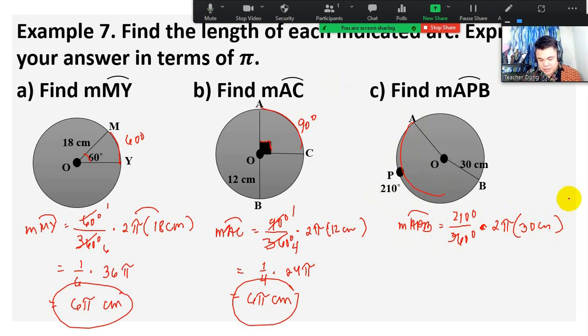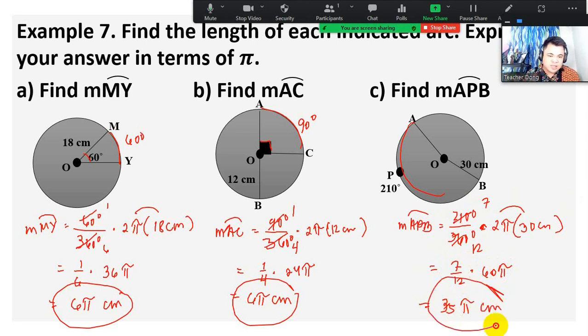Now, the GCF is 30. 210 divided by 30 is 7, and then this is 12. Then 2 times 30 is 60. So we have 7 over 12 times 60 pi. Then just multiply 7 times 60 divided by 12. The final answer is 35 pi centimeters. That is the arc length of arc APB.